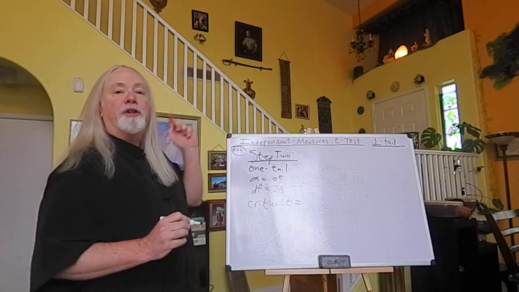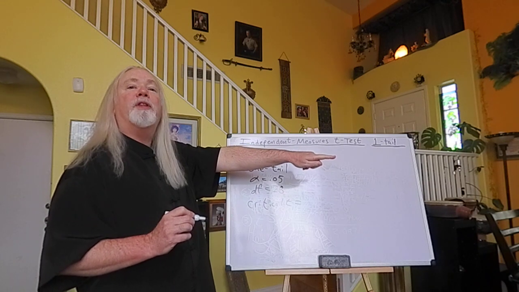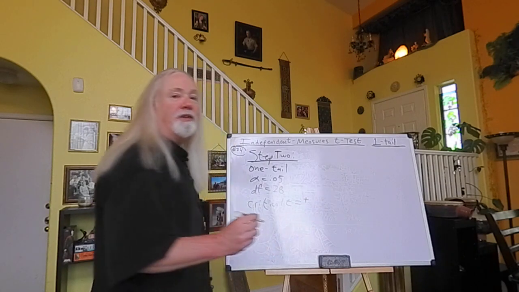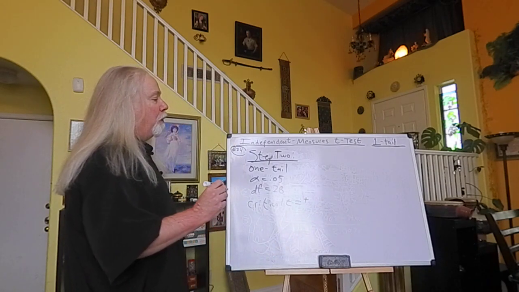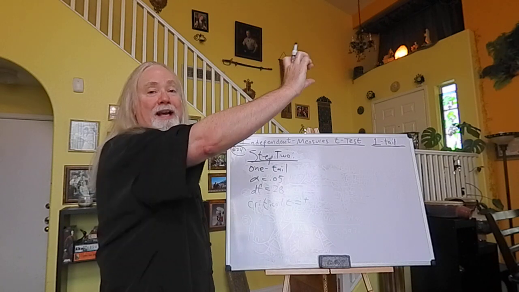Now, we're only looking to the right. Remember, look back at your hypothesis test. That symbol for the alternate hypothesis is an arrow, and it's pointing that way. So we're only looking for a positive value here. Make sure you're using the top row of the critical t table for the one-tailed test.